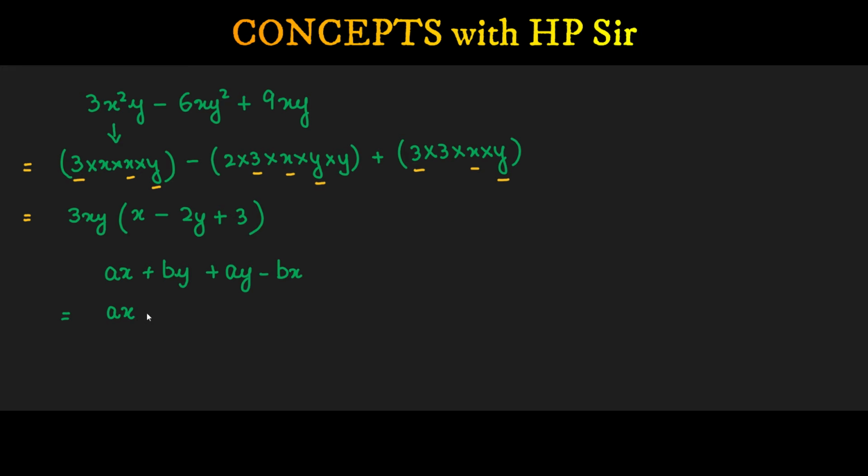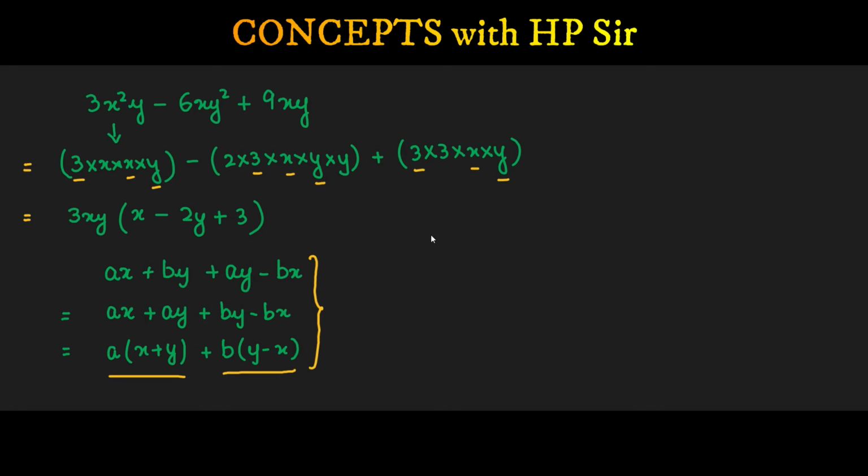So suppose I write ax plus ay together, and then I write by minus bx together. Now I can take a common, I will be left with x plus y within bracket, and in the next two terms I can say b common bracket y minus x. So as you can see, now between these two expressions there is nothing common, so we cannot factorize it further.